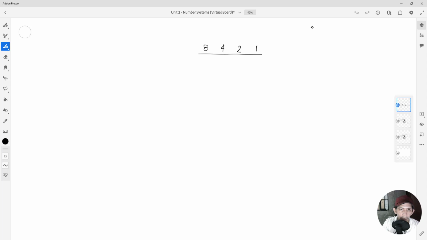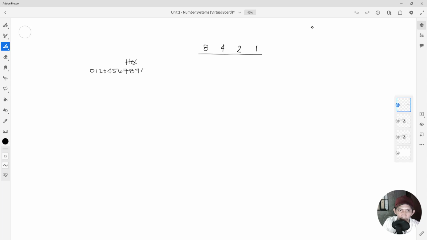So, we have here hexadecimal. Hex or hexadecimal. Sa hex natin, it is composed of, ito yung sinasabi natin kanina, 0, 1, 2, 3, 4, 5, 6, 7, 8, 9.